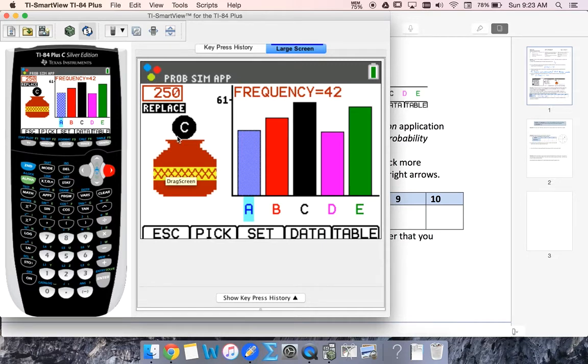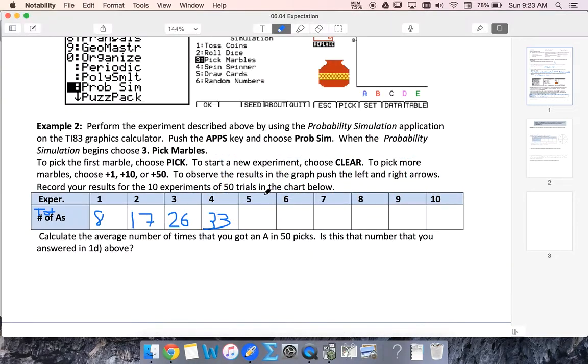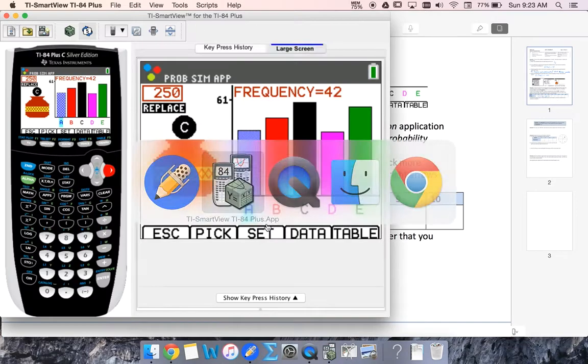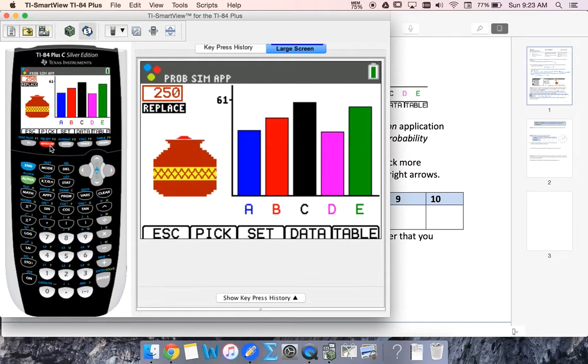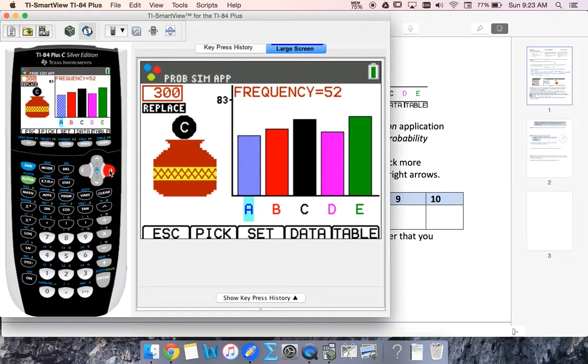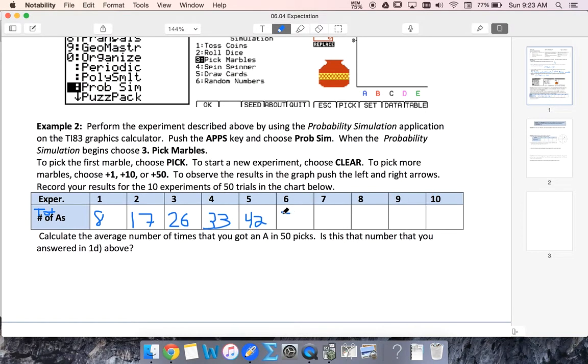So now we've got 42. So we got 9 again. And then 52. Now we got 10.